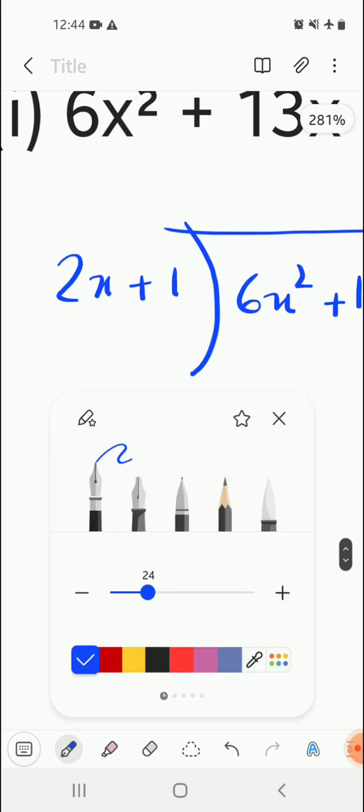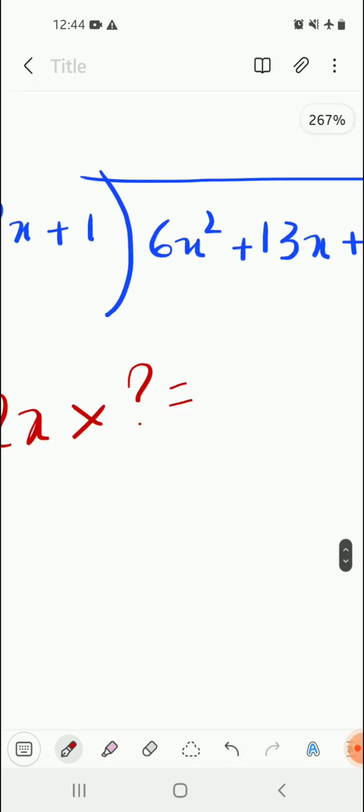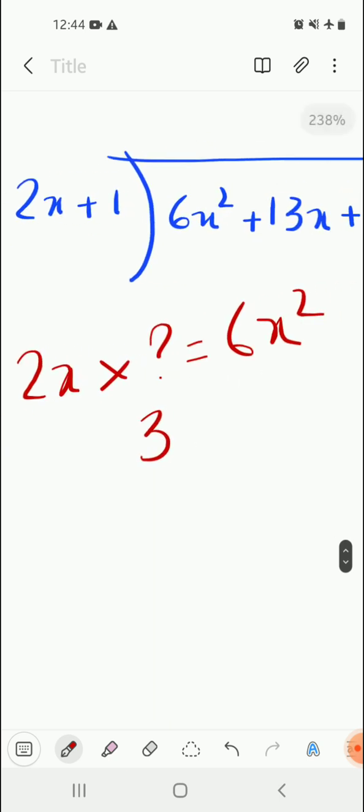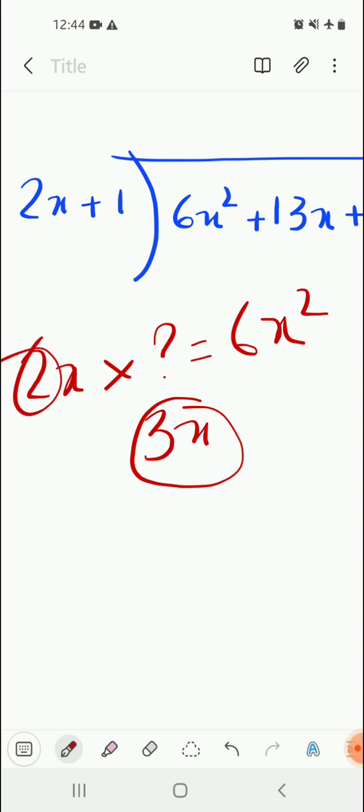Now see here, we have got 6x square and here it is 2x. So think of a number with which if we multiply 2x, we are going to get 6x square. So see, 2 into 3 and into x. If we multiply 2 by 3x, we get 6x square because 2 into 3 is 6, x into x is x square.